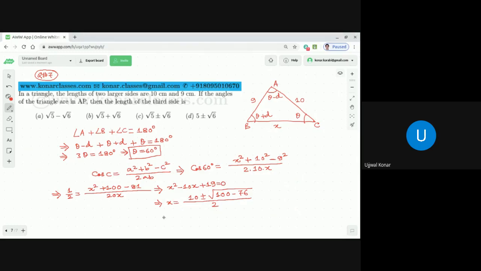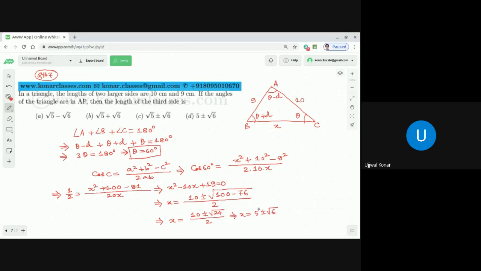So from here, if we simplify, x is equal to 10 plus minus square root of 24 divided by 2. So we get the value of x is equal to 5 plus minus root 6.